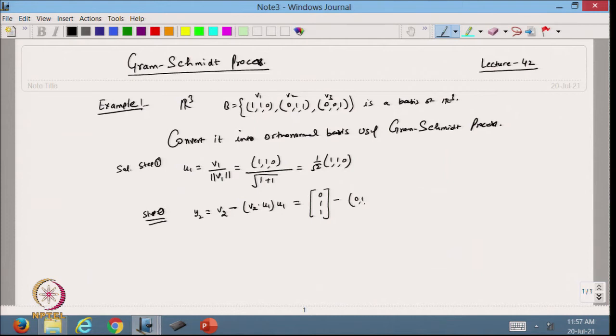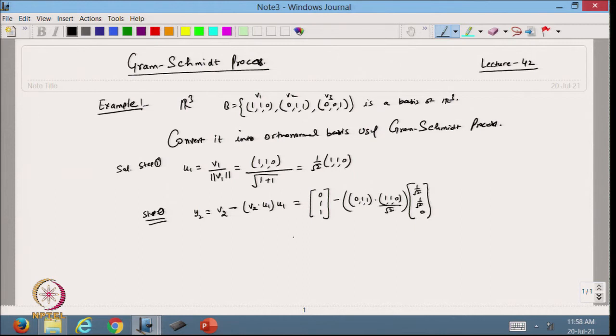V2 is 0 1 1, taking the dot product with 1 1 0 over root 2, and then times U1, which is 1 by root 2, 1 by root 2, 0.